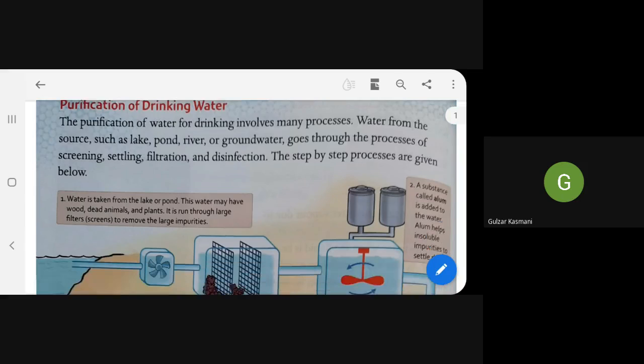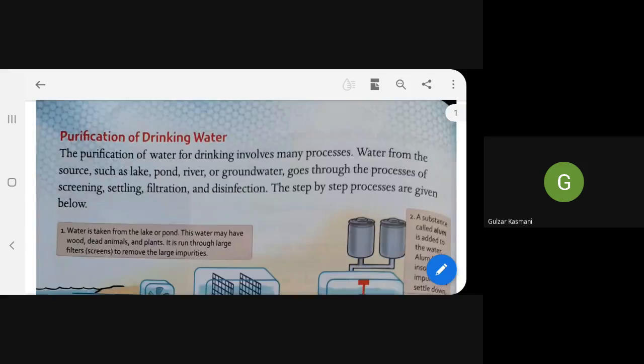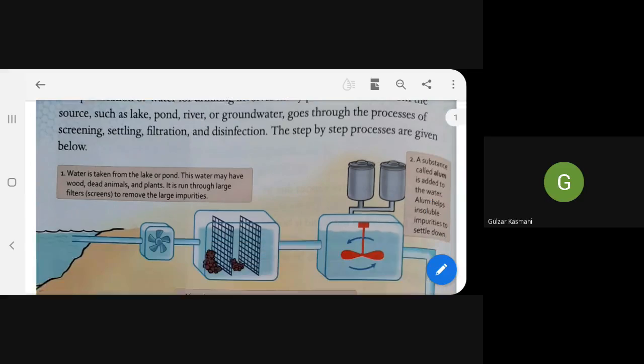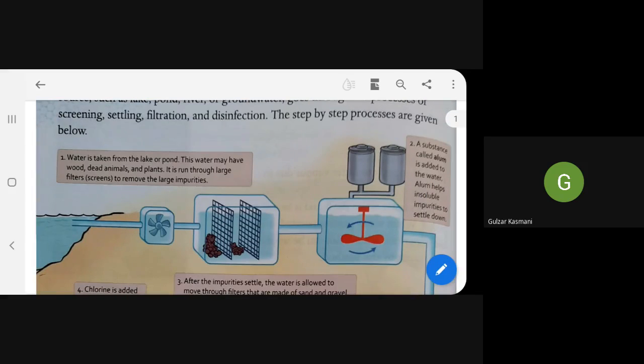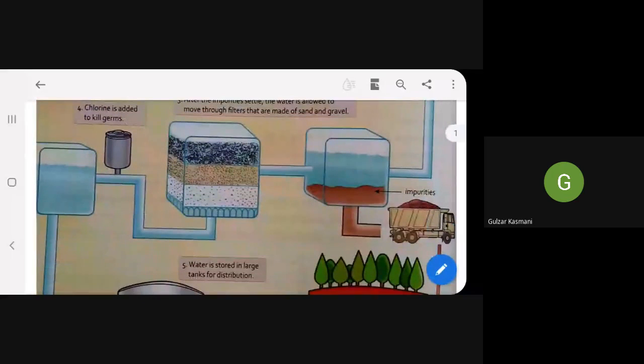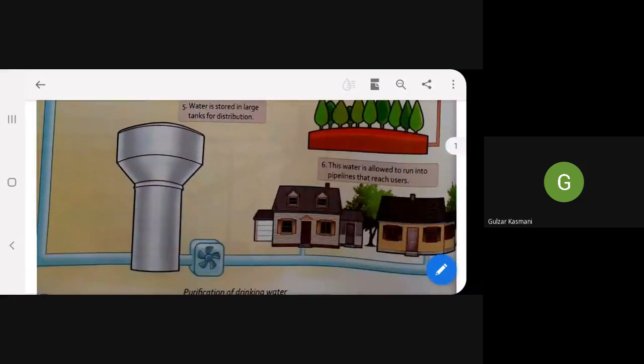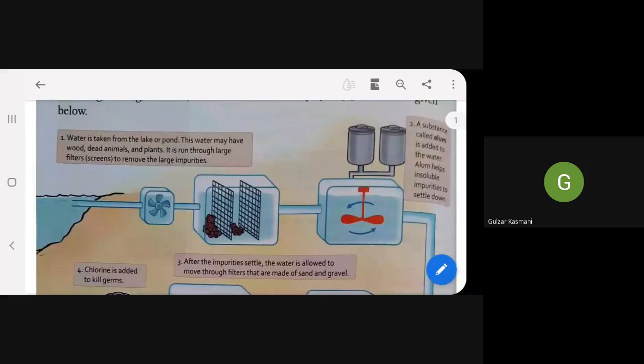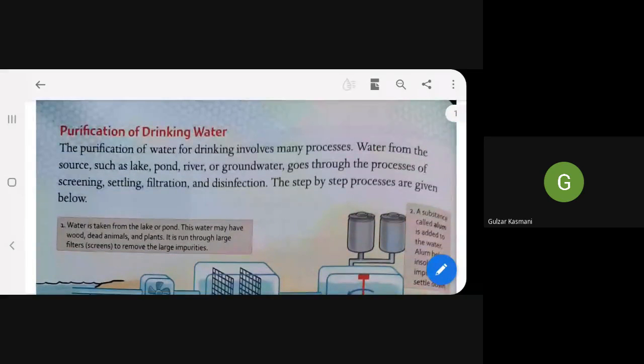So how does it reach our house? Would you like to learn that, beta? Yes, ma'am. Okay, so see, it's a very interesting thing, how that drinking water reaches our house. The full method is explained here, step by step, point-wise.